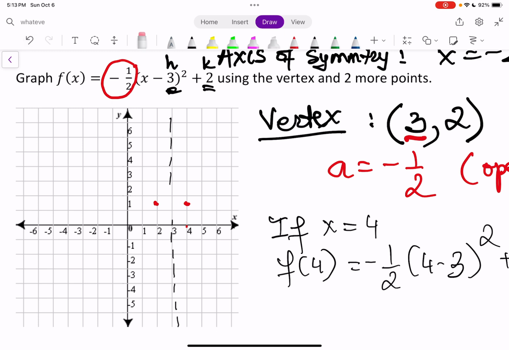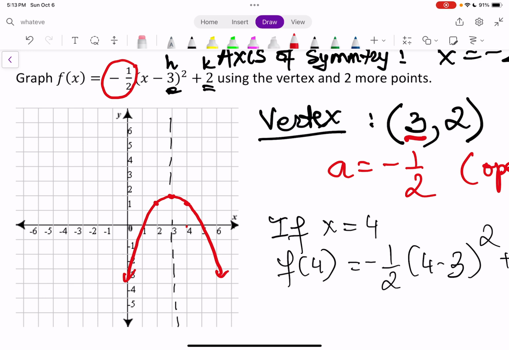Oh my gosh, I just put in the red. Okay. So now we know how wide this parabola is. You can find another point if you want, but you don't have to.